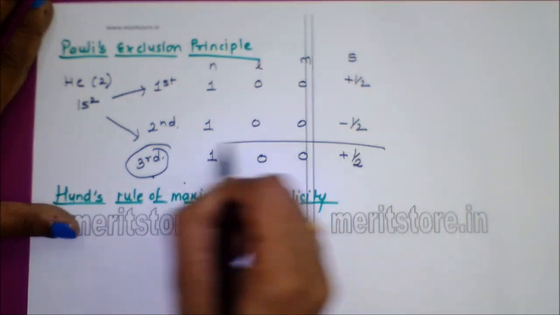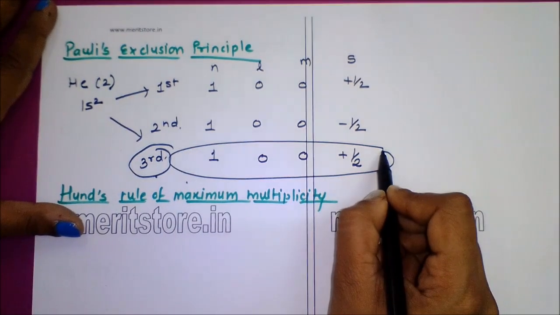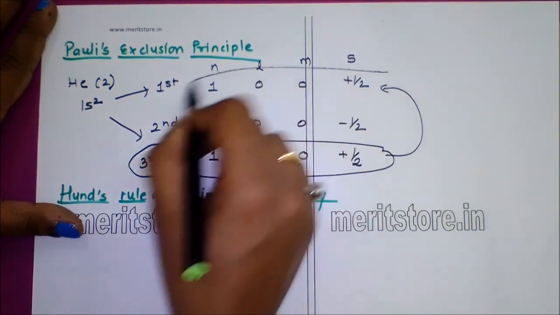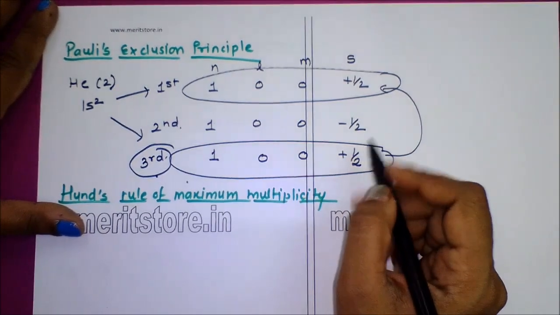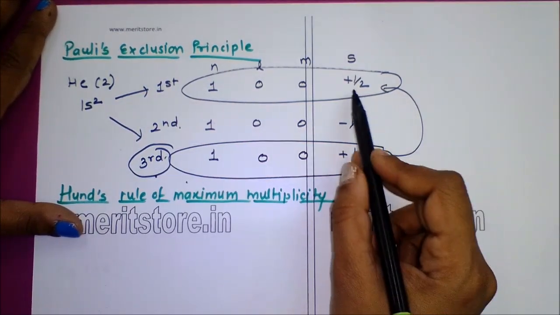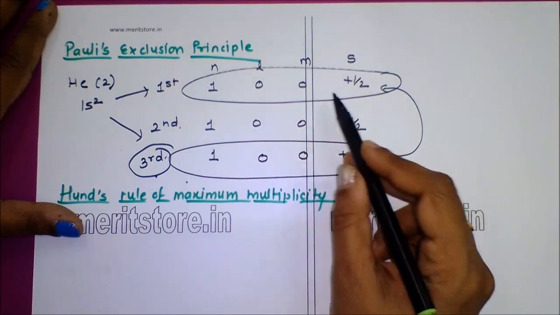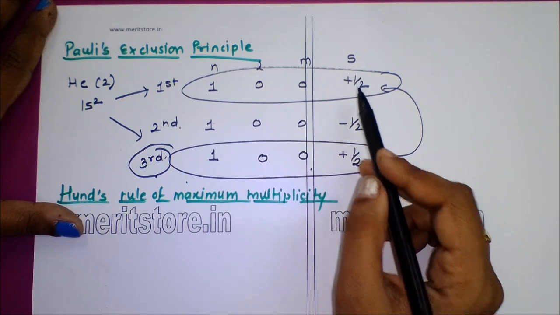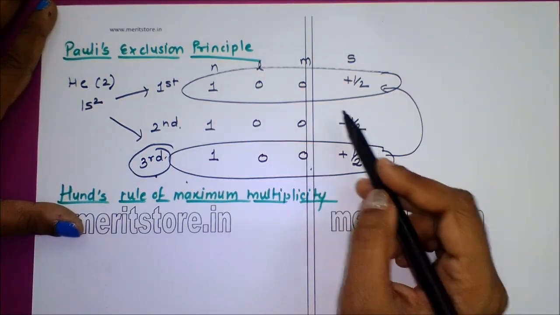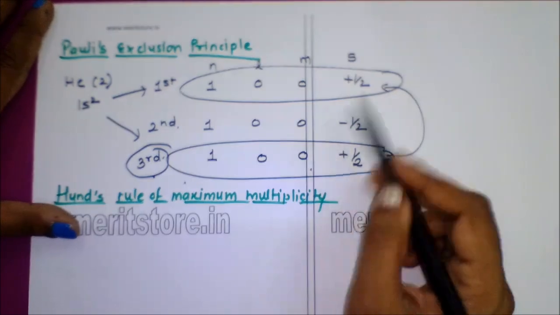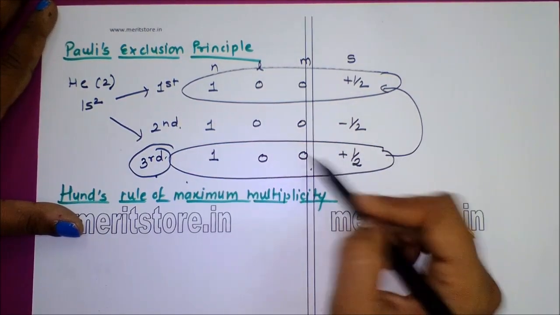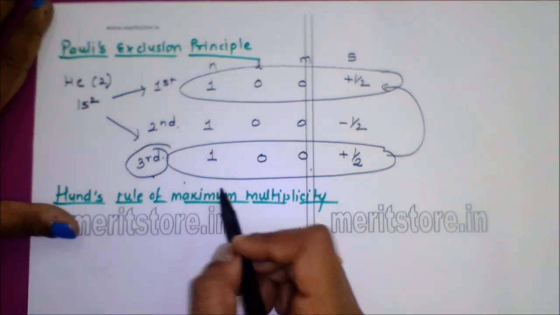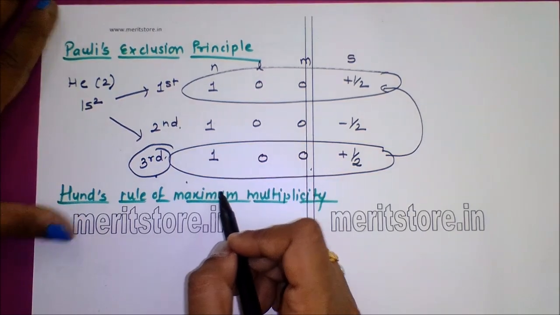If I see, the quantum numbers of the third electron are perfectly matching with the first electron, and because of this reason, according to Pauli's principle, you cannot put more than 2 electrons in one orbital, because if you put the third electron in the same orbital, then it will have the same set of quantum numbers, which is not possible according to Pauli's exclusion principle.